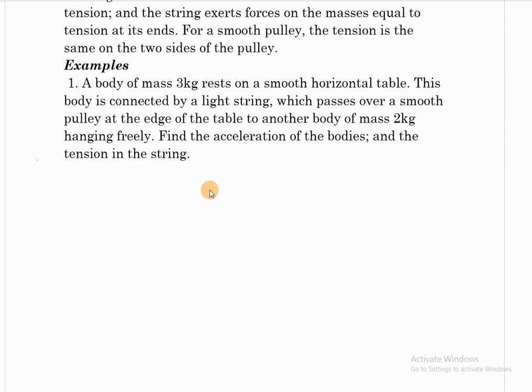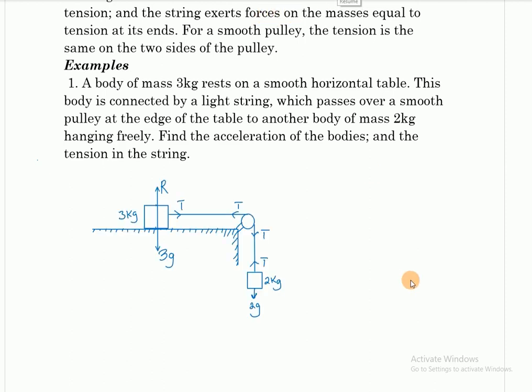I hope you can imagine what is happening here, and I guess you can set up a diagram to facilitate your write-up of the solution. I'm going to get you that diagram. Here it is. We have a body of mass 3 kg resting on the table.